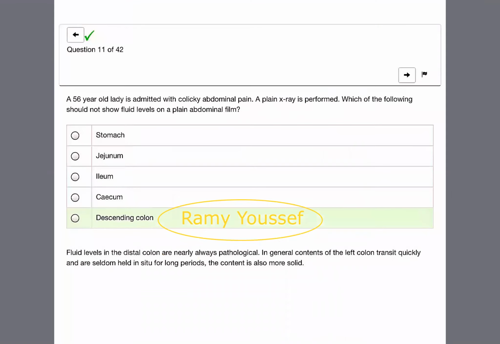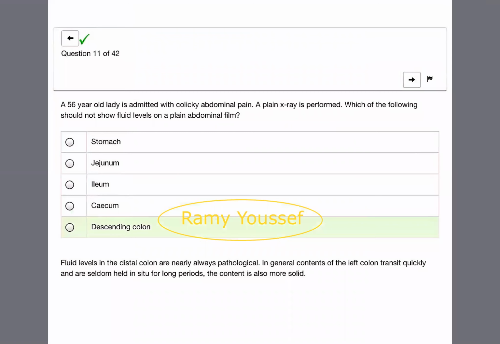Descending colon has mostly hard contents, has little fluid, so it is very rare that we can find a fluid level, except in some pathological conditions. The descending colon is the only place that can be, it can be in some pathological conditions, but normally it can't.